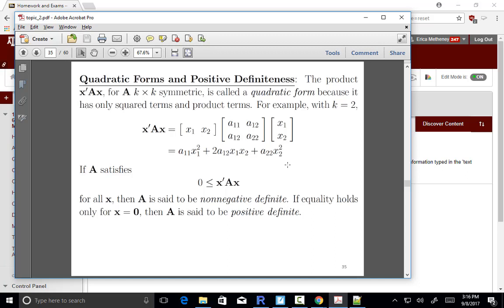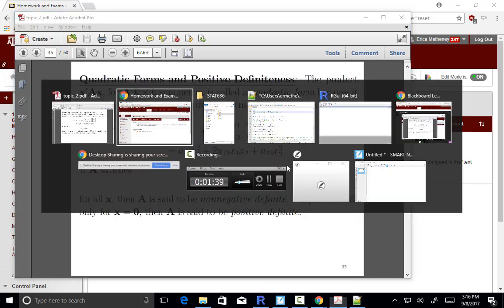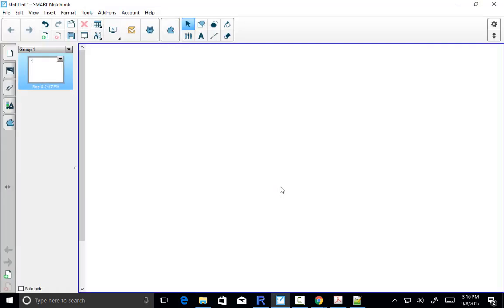The reason I want you to care about these quadratic forms is because the statistical distance is a quadratic form. Remember that something I've mentioned a couple of times now and that I promise will be a part of our class throughout, the statistical distance.